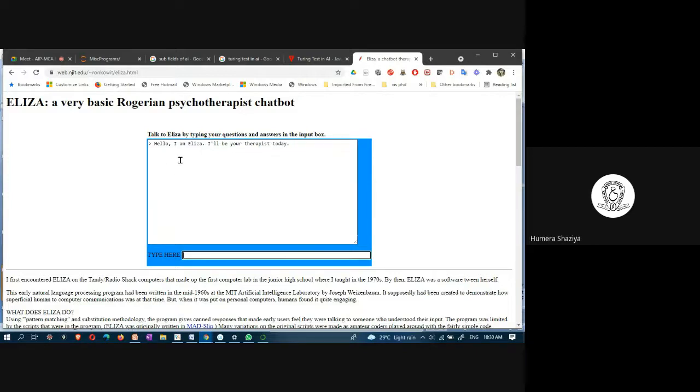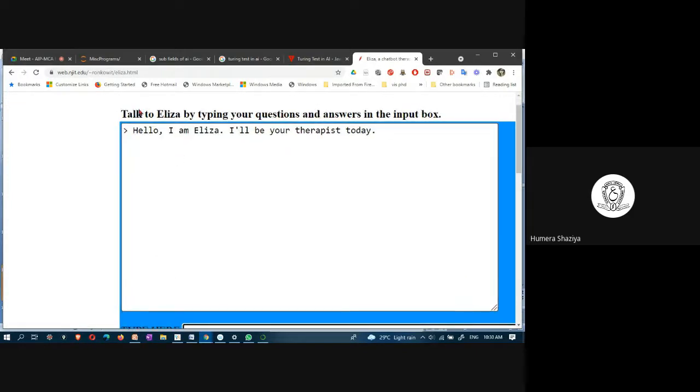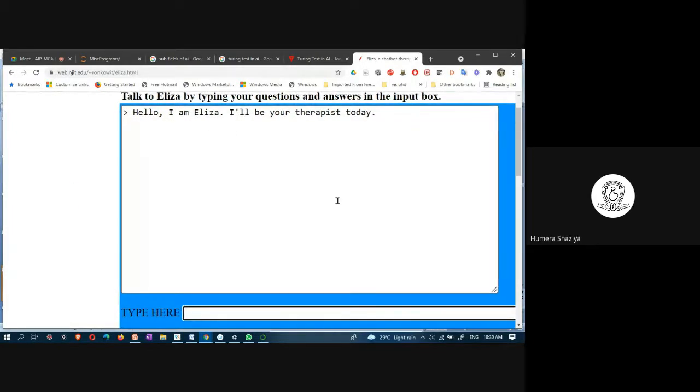Here it says talk to ELIZA by typing your question and answer in the input box. The first message is hello, I am ELIZA, I'll be your therapist today. So now I type some message: I am very sad today. Then ELIZA asks, do you believe it is normal to be very sad today?